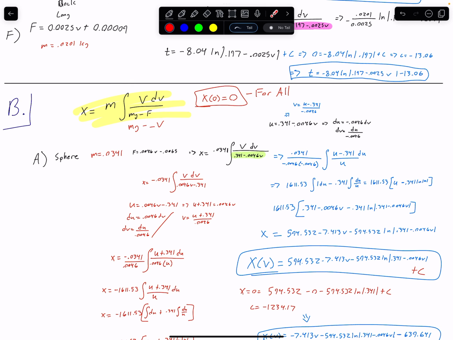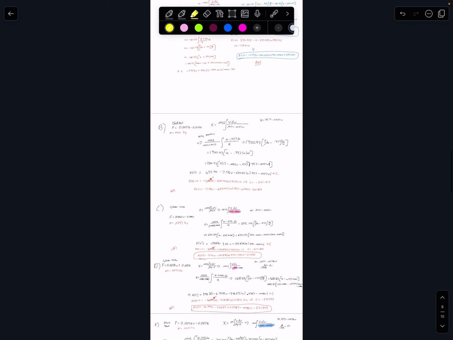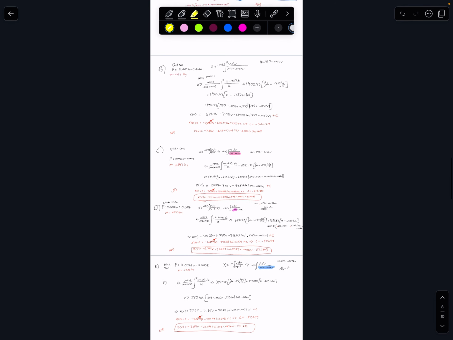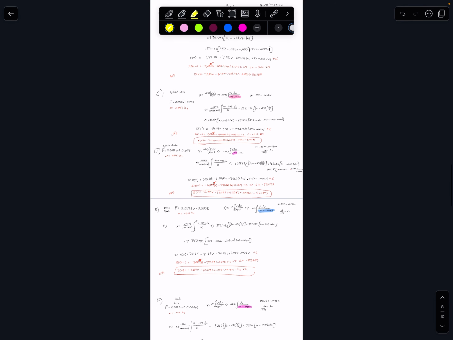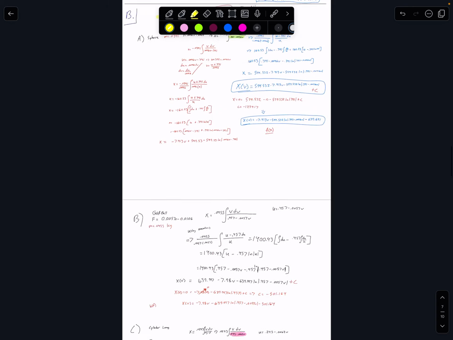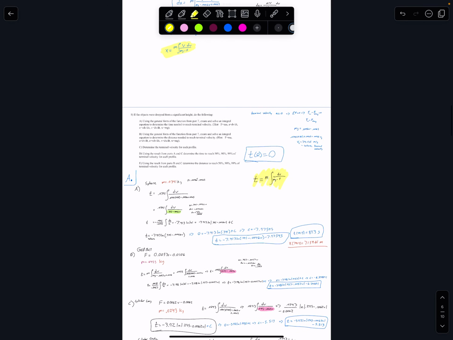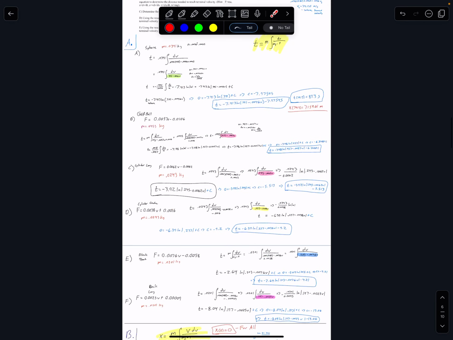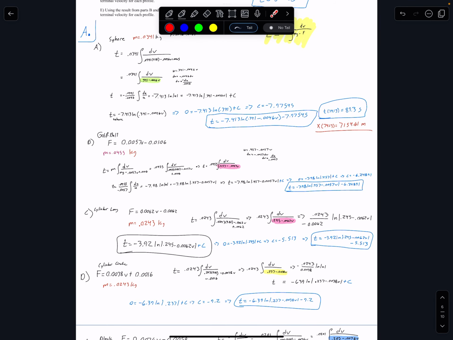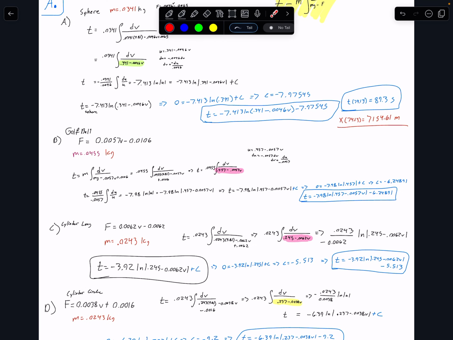So we already have that calculated out, so might as well make it simpler. Yeah, so moving forward, all of these integrate very similarly.